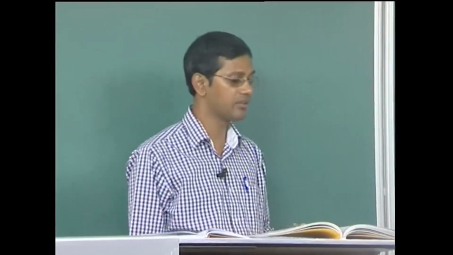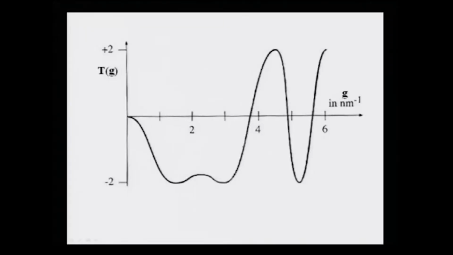If I consider C s to be 1 millimeter and delta f to be minus 58 nanometers, and E 0, the voltage by which the electron beam is accelerated, to be 200 kilo electron volts, then this is the nature of T g. You can see that it doesn't look like the ideal nature; rather, it goes down, increases, and there are a lot of crossovers, that makes life very difficult.